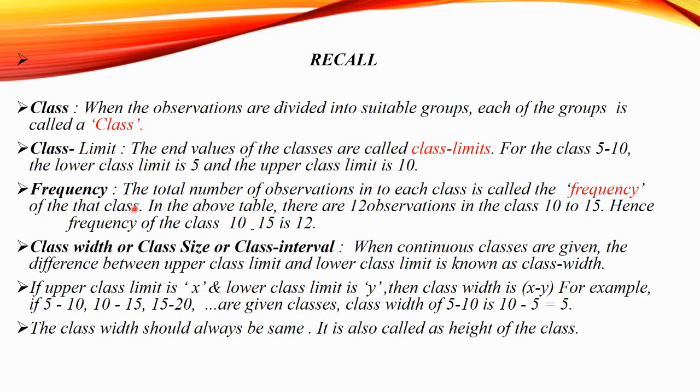We have learned about class width or class size, that is the upper limit minus the lower limit. The class width should always be the same and it is also called the height of the class.